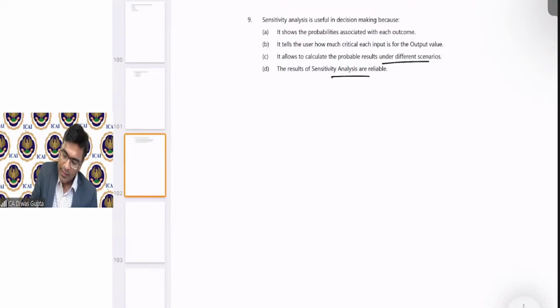The results of sensitivity analysis are reliable. So students, come on. What would be the right answer for the ninth question? This is also relatively easy. Yes, students. For the ninth, whether it should be A, B, C, or D.